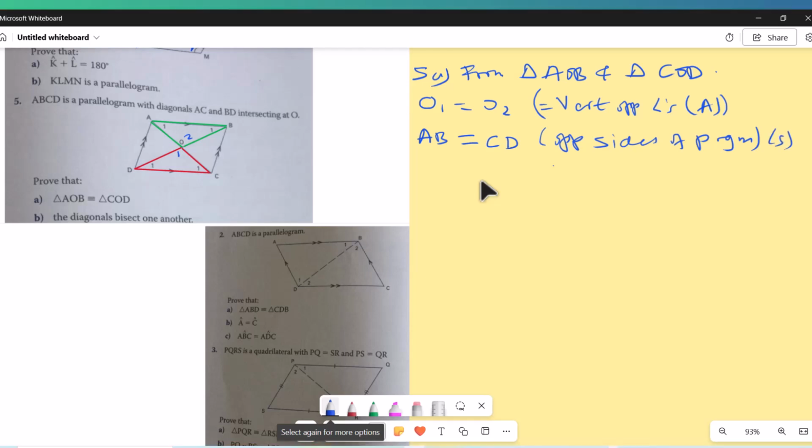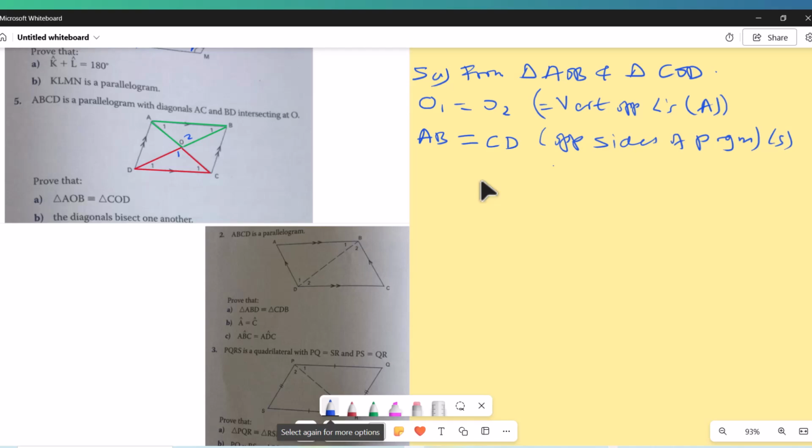What else is equal? You can tell us now, guys. Any other equal side or angle? Come on. Will it still be correct if I say angle B equals angle D? You mean angle B1?